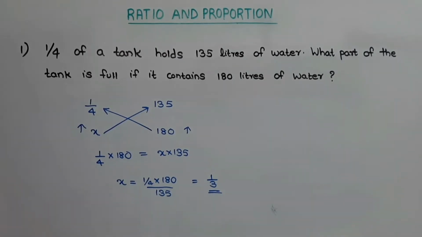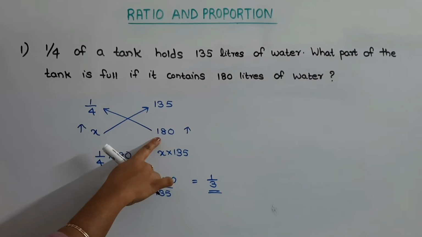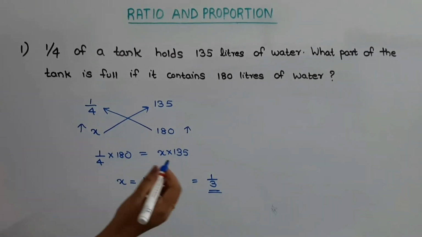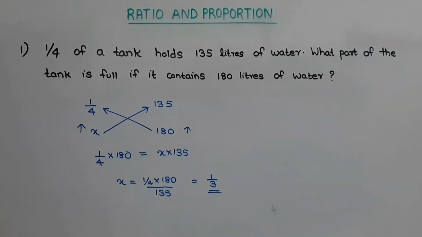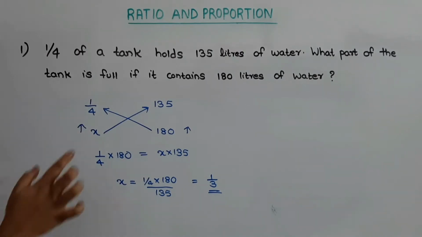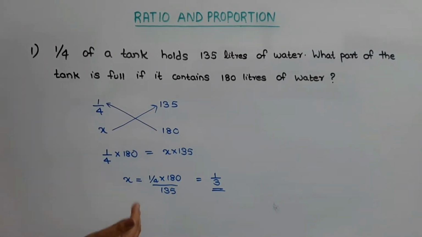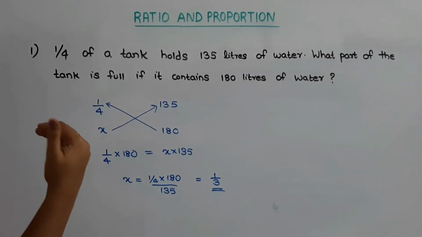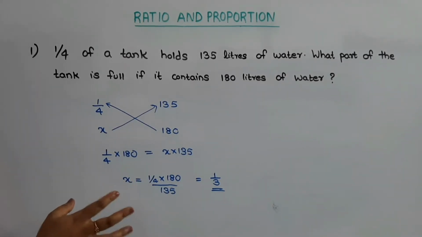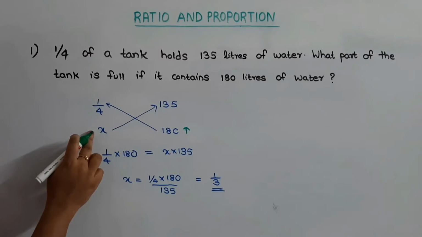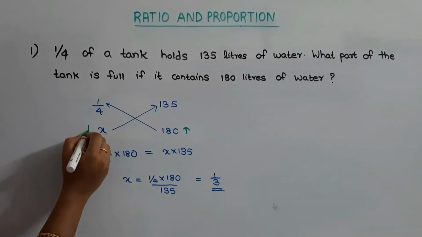So when it contains 180 liters of water, 1/3 part of the tank is full. So whenever direct proportionality comes, we need to do cross multiplication to get this answer. Whenever inverse proportionality comes, we need to do direct multiplication to get the answer. Inverse proportionality means when this quantity is increasing, then this quantity should decrease with respect to this quantity.